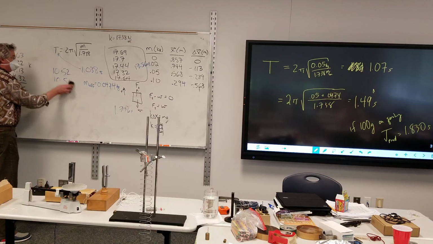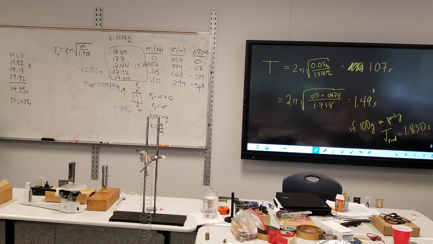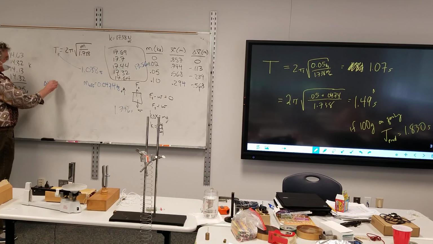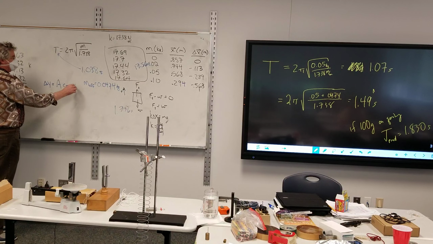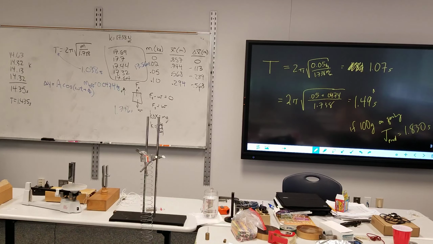We'll take the one I just did, and I wanted the equation. So delta y is equal to a cosine of omega t plus phi. This is the generic equation for something in simple harmonic motion, you could use sine also.